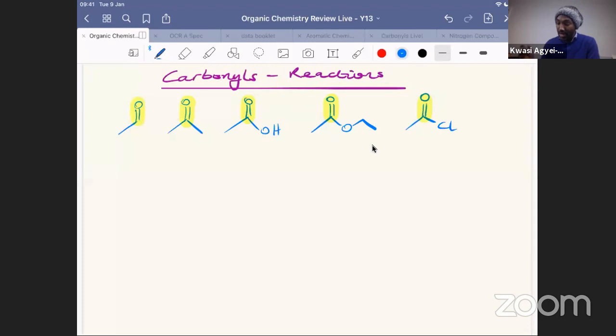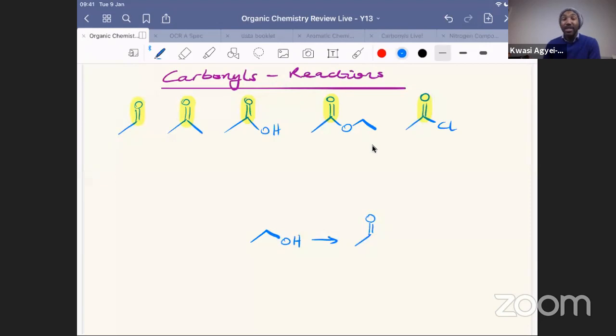So let's start with this alcohol here. You've got ethanol, and of course, if you oxidize your ethanol, you should be able to make the aldehyde ethanal, drawn as so.